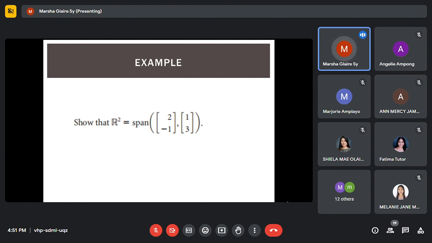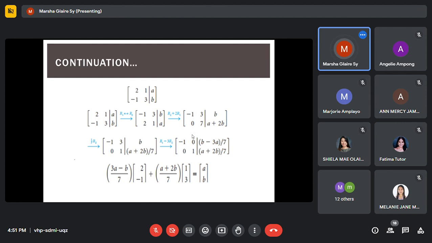That is, we must show that the equation x(2, -1) plus y(1, 3) equals (a, b) can always be solved for x and y in terms of a and b regardless of the values of a and b. So we have here the augmented matrix, which is [2 1 | a; -1 3 | b].